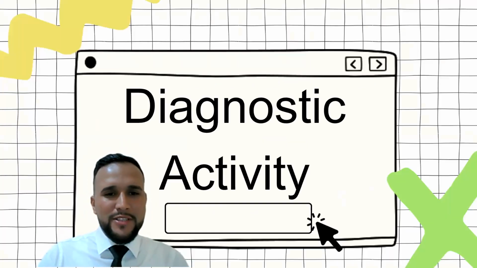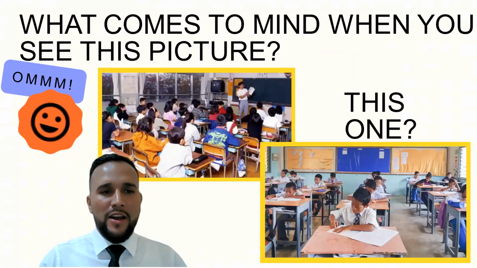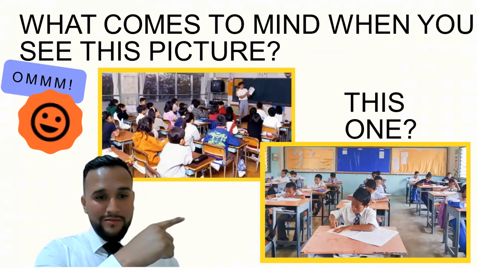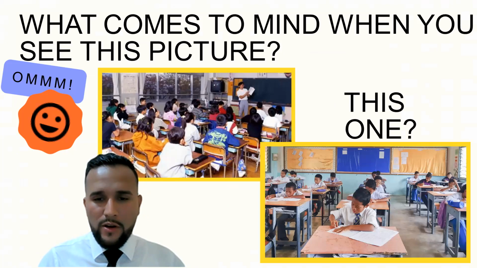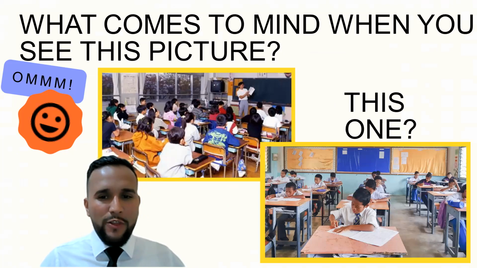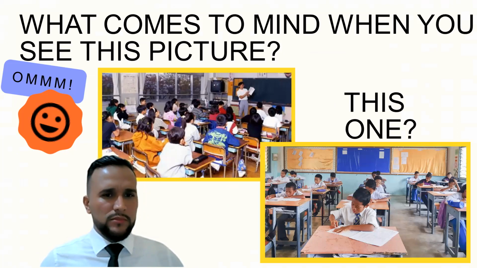Now, pay close attention to the following pictures. What comes to mind when you see this picture? Or this one? I'll give you a minute to think. Observe all the details and especially how the classroom is organized. You might think, well, it's a traditional classroom.